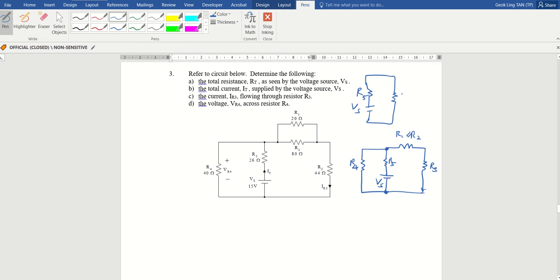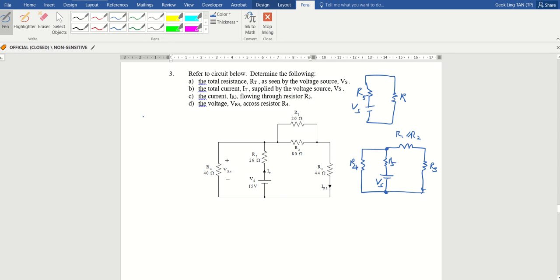So this R here is given by R equals R4 in parallel with R1 plus, so R1 in parallel with R2 plus R3, the whole thing. Okay, never mind, I will write this.